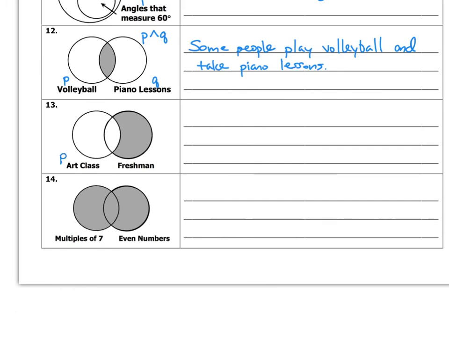So if this were P here and Q here, this would be P and not Q, because we've not shaded anything inside P and Q. So this would represent the students who are freshmen and do not take art class.